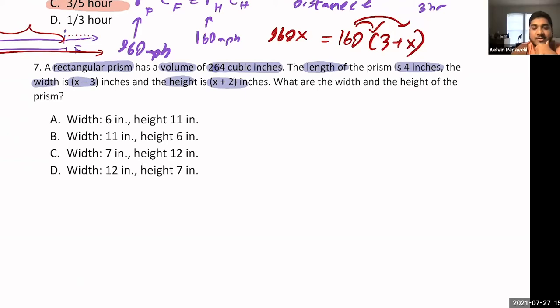Sorry. So real quick in the chat, guys, volume of a rectangular prism, what is the formula for volume in the chat? For a rectangular prism. It's kind of like a cube that's just in the shape of a rectangle.